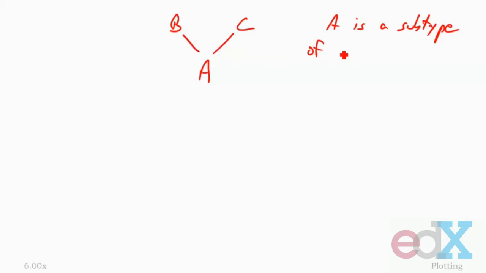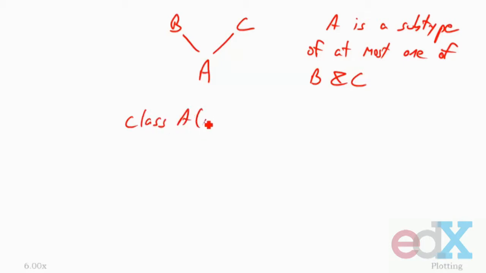Consider the case where class A has superclasses B and C. It should feel comfortable to say that A is a subtype of at most one of B and C. The goal is to ensure that the two lines of code, class A(B, C) and class A(C, B), mean the same thing in the context of the program.